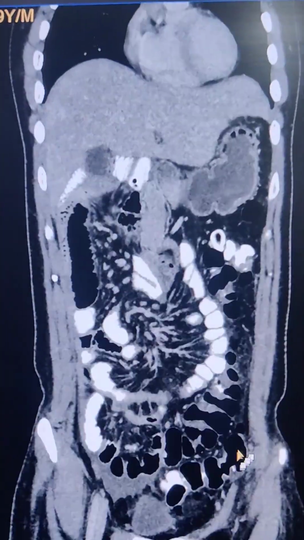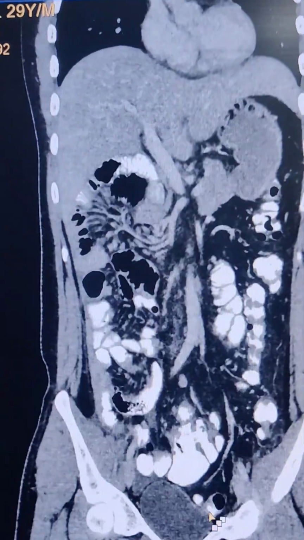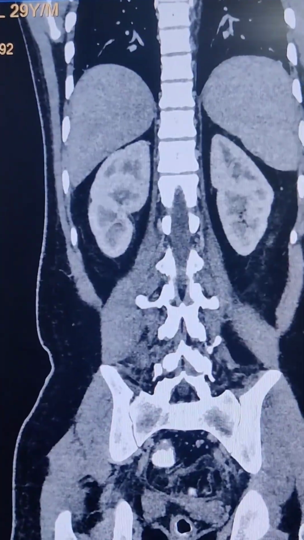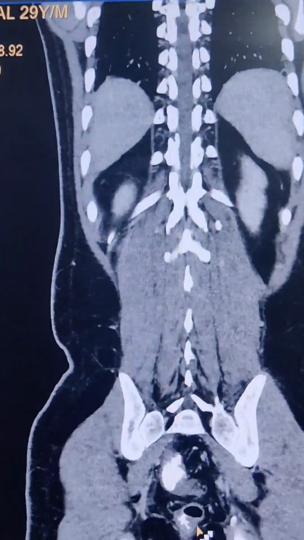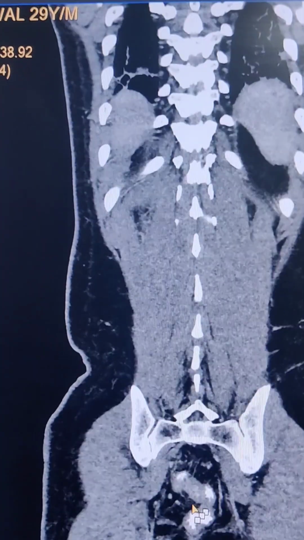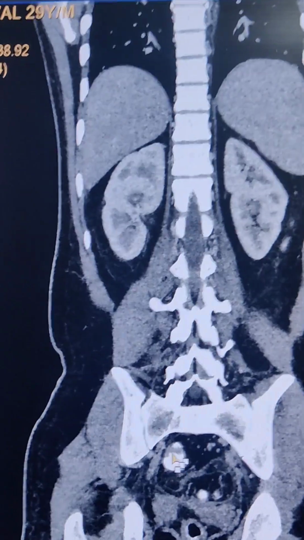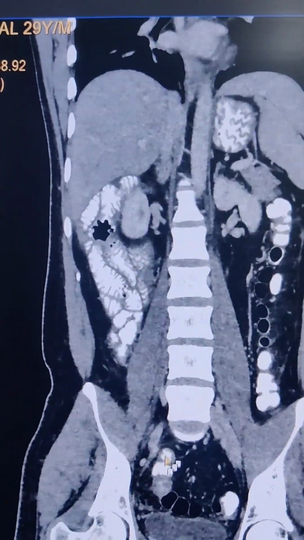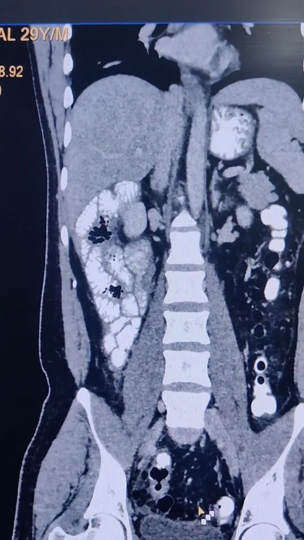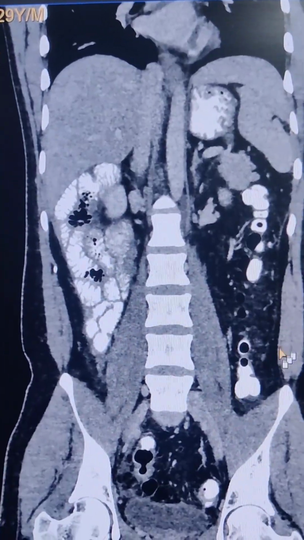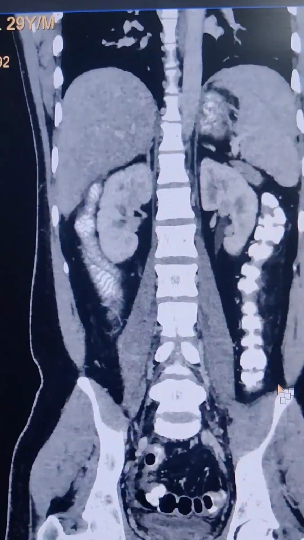Then this is the sigmoid and rectum. Here we have the sigmoid, and more superiorly we find the descending colon. So this is about the bowel loop position.